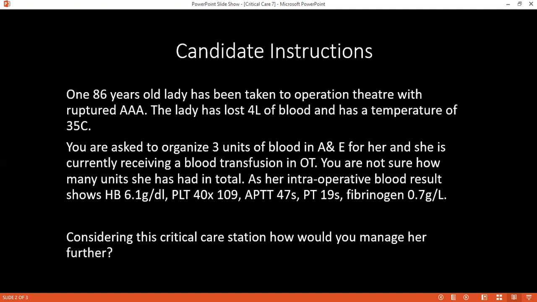If you can classify, what are the immediate, post-op, or later complications? Immediate complications are hemorrhage and renal failure; late maybe spinal ischemia, sexual dysfunction, and colonic ischemia.